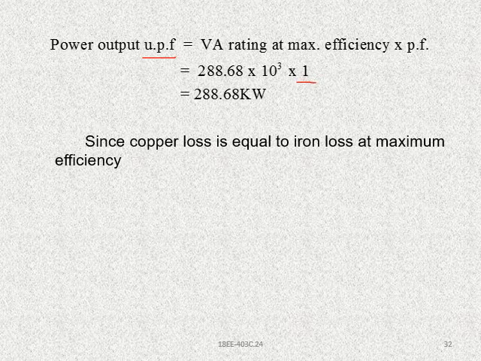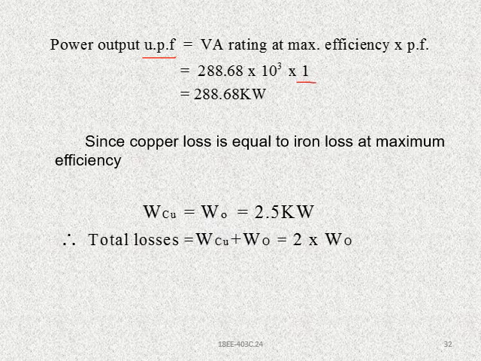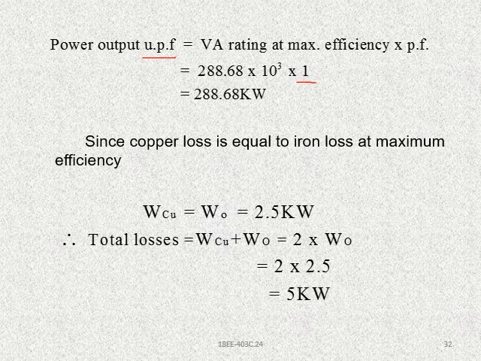Since the copper loss is equal to iron loss at maximum efficiency, the WC is equal to W naught, equal to 2.5 kW. And the total loss of WC plus W naught, which is 2 into 2.5, gets 5 kilowatts.